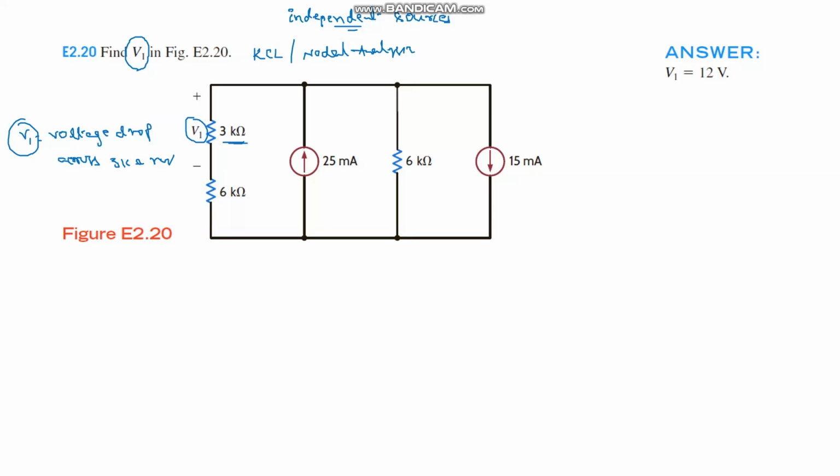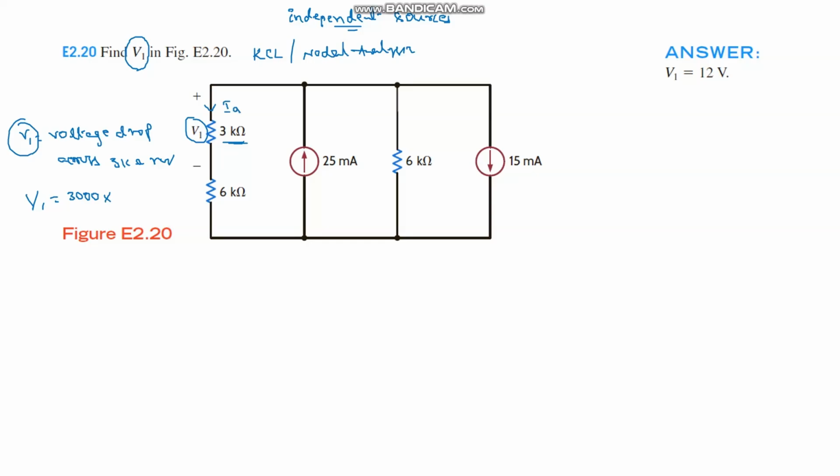By using nodal analysis or KCL, I am going to identify the voltage drop across the 3 kilo ohm resistance. First of all, how can you identify it according to this circuit? The 3 kilo ohm resistor value, 3000, which is 10 power 3, must be multiplied with the current flowing through it. For example, I am assuming IA amount of current is passing through the 3 kilo ohm resistance.